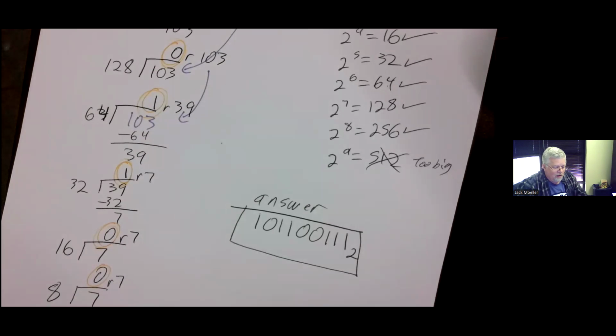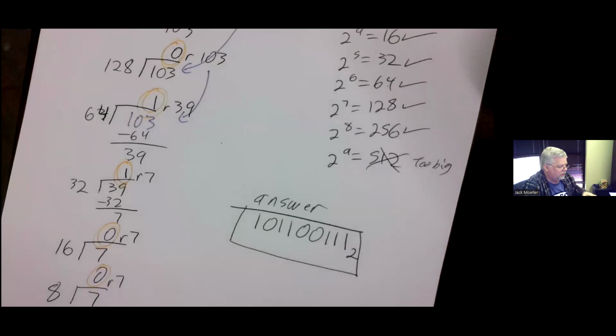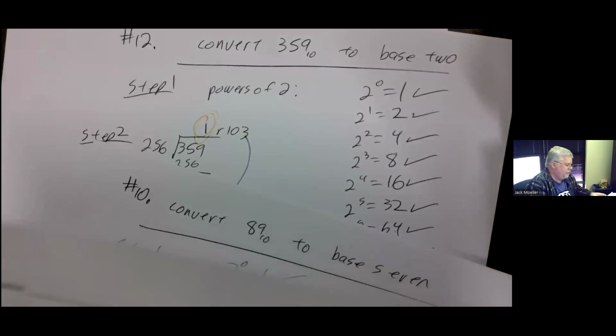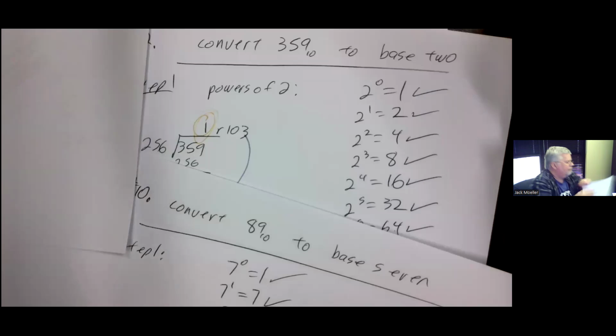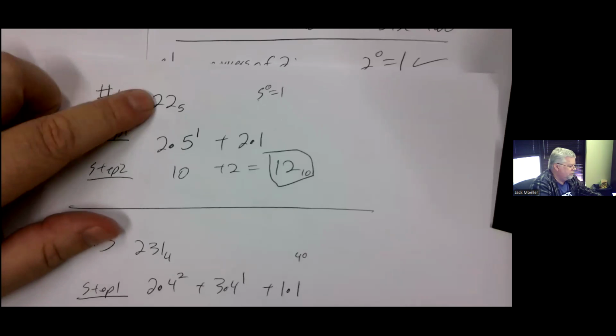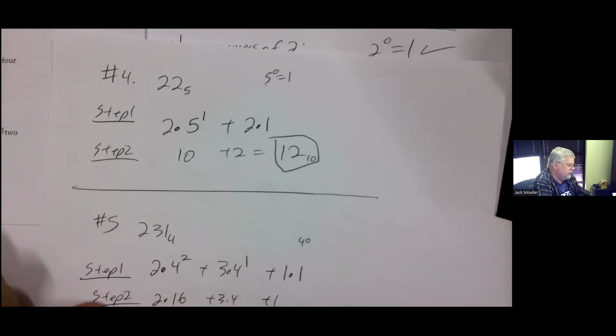So, all right, that is 4.2. 4.2 is all about converting from a base that's not 10 to base 10. That's where we used expanded form to write it out in terms of our different powers, and then we were just doing arithmetic.